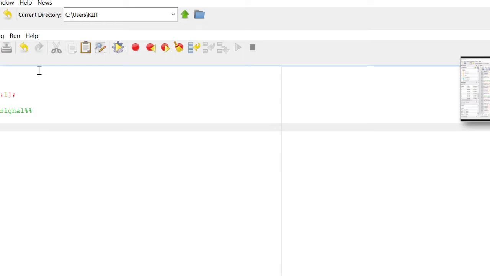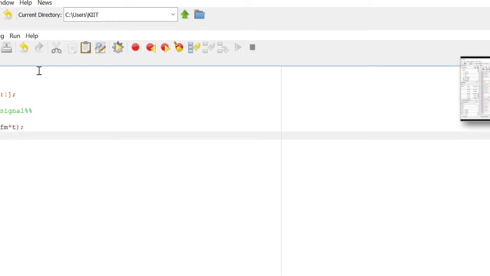Now you can share your screen. Sir, this is the program, but I'm not getting the graphs and results. This is the error coming in.